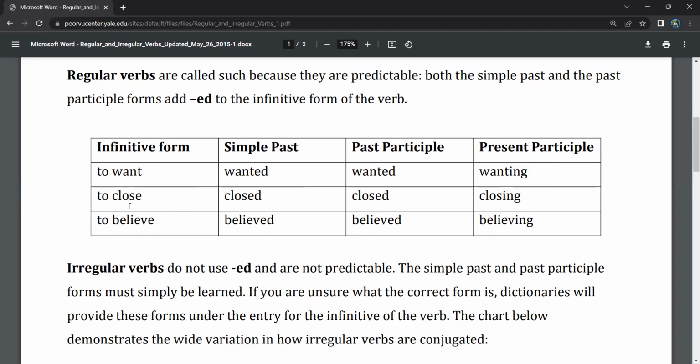For close, we have closed, simple past. Past participle is closed, and present participle, closing. For believe, believed, simple past. Believed, past participle. And for present participle, believing.